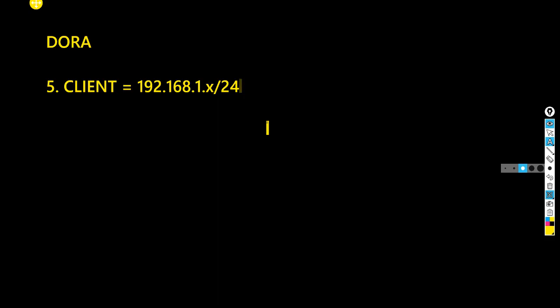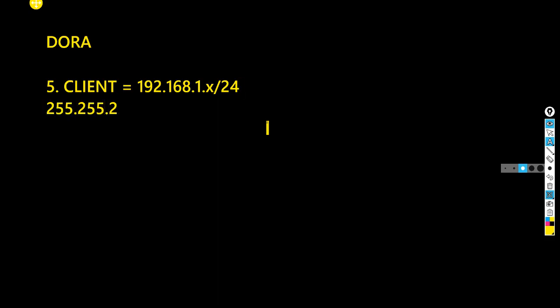So what happens in the 5th step? Let's say there is no 5th step. I mean, after the DORA process completion, after the 4th step, your client gets its own IP address, 192.168.1.something, in that range, which the server assigned. What else other than the IP address?